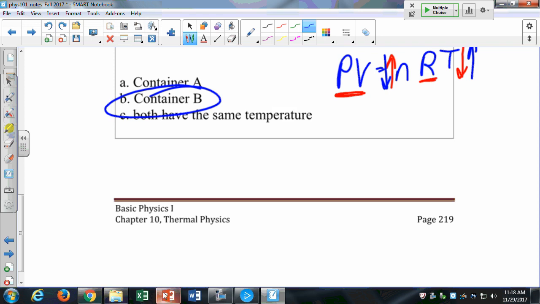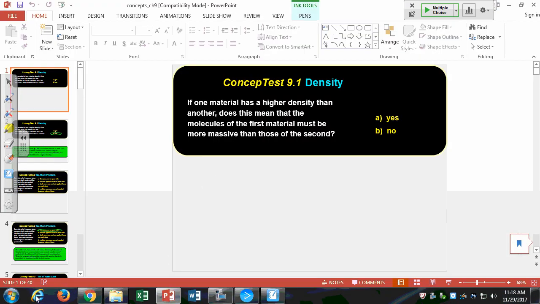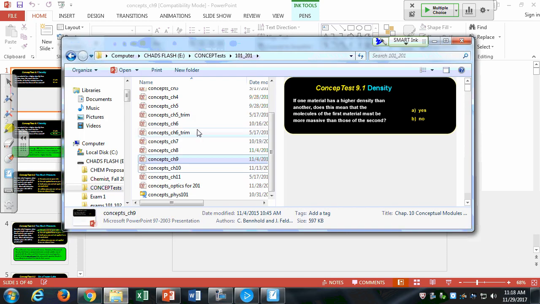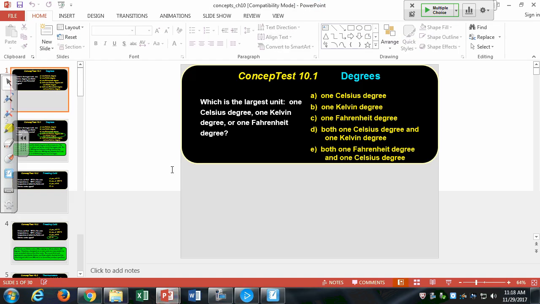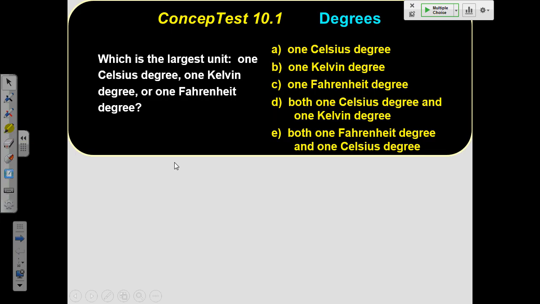Let's look, though, at Chapter 10 a little bit. There were a couple things I wanted to look at. Have we done any of these for Chapter 10?